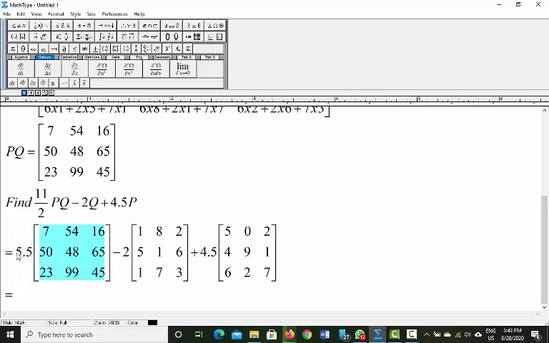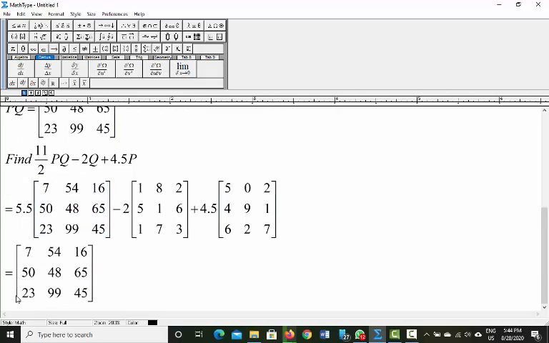That means you multiply 5.5 with 7, with 54, with 16, and in that way with all the individual elements.